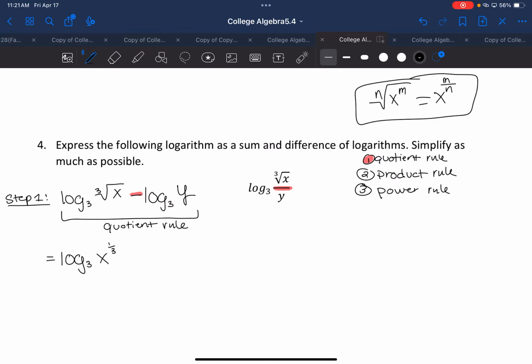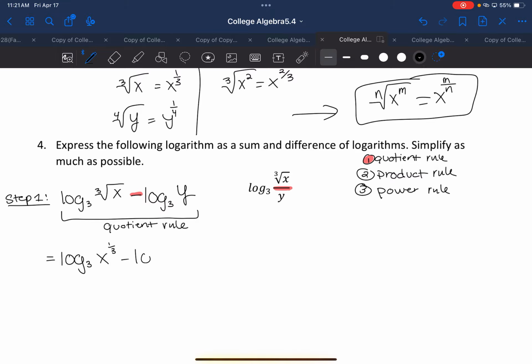And just to show you a couple more examples, so the cube root of x is x to the 1/3. The fourth root of y is y to the 1/4. If I had the third root of x squared, this would be x to the 2/3 power, because now there's an exponent of 2 in there. Just a couple examples of using this rule. We need to get real comfortable with that. Okay, bring down the other one, log base 3 of y.